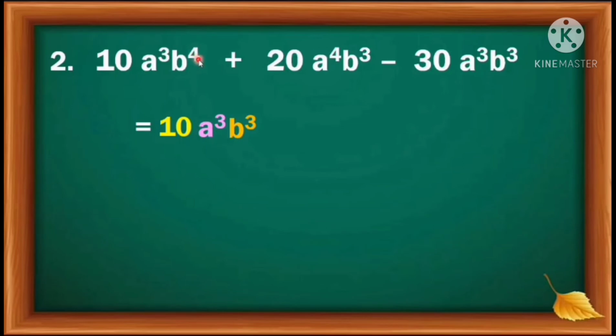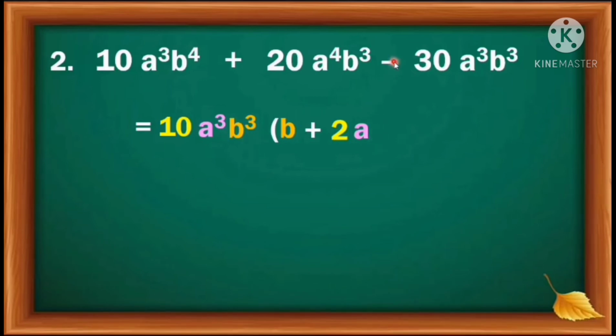B raised to 4 divided by B cubed, that is equal to B. And then bring down the plus sign. 20 divided by 10, that is 2. A raised to 4 divided by A cubed, that is A. B cubed divided by B cubed, that is equal to 1. So therefore, we are no longer going to write it here.